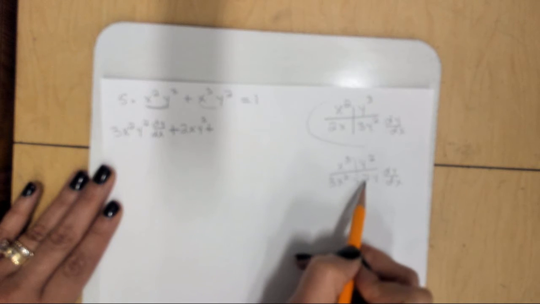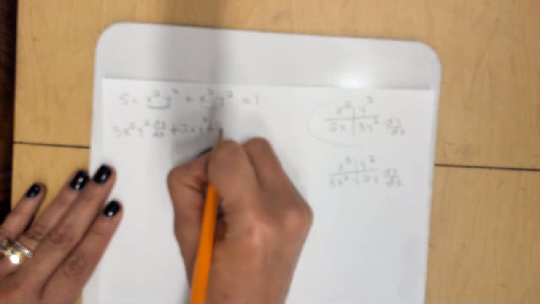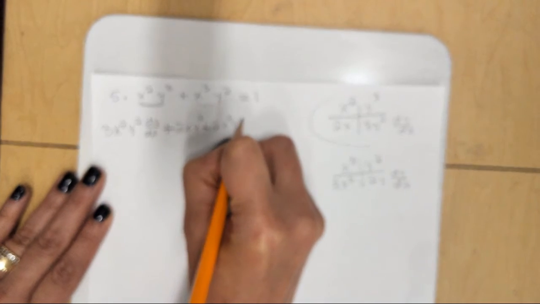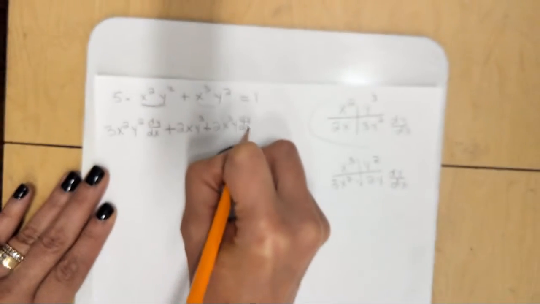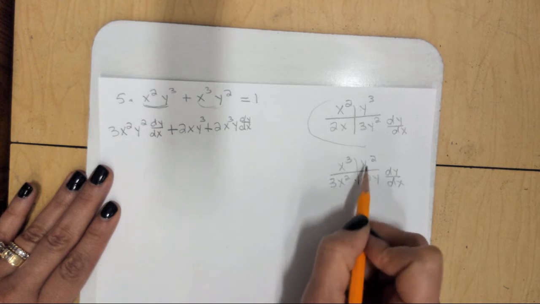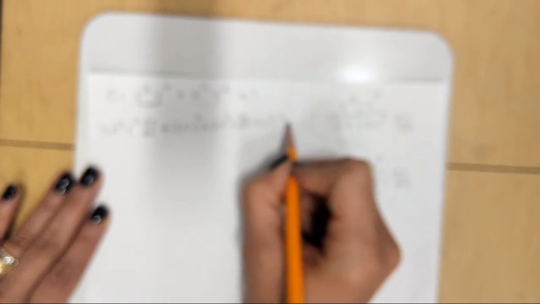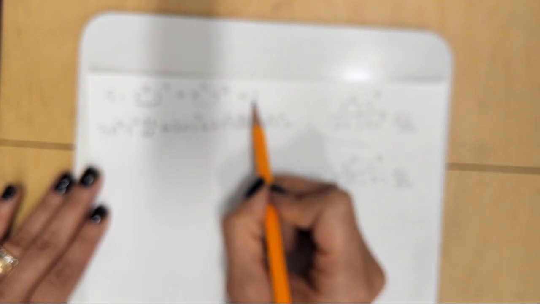So I like to put 2 and then x and then y, so 2x cubed y dy over dx. And then on this diagonal, 3x squared y squared plus 3x squared y squared equals, well, the derivative of 1, that's a constant, so this is 0.